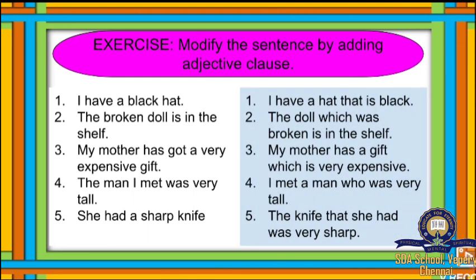First one, I have a hat that is black. So here that takes the place of the noun hat, and it has a verb, and it starts with a relative pronoun. Secondly, the doll, which was broken, is in the shelf.